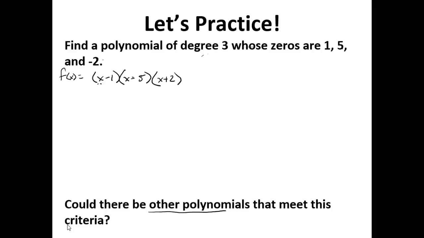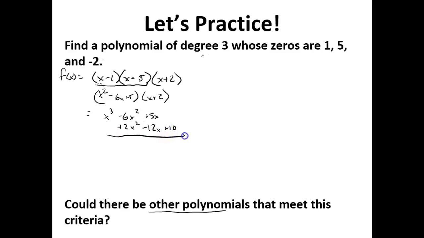Just to make sure, if I multiply this part out first, we're going to get x squared minus 6x plus 5 times the x plus 2, which is going to be x to the third minus 6x squared plus 5x plus 2x squared minus 12x plus 10.